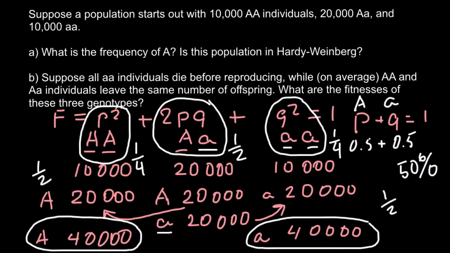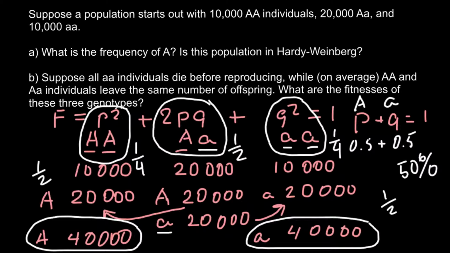If we add 10,000 plus 20,000 plus 10,000, we get 40,000, and 10,000 represents 1/4, 20,000 represents 1/2, and 10,000 here represents 1/4. So we can say that this population is in Hardy-Weinberg equilibrium.